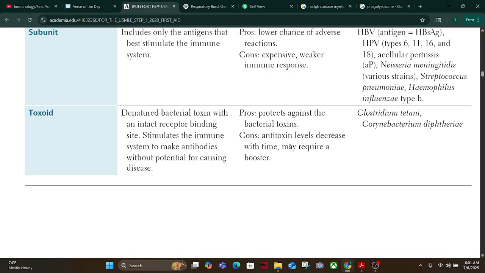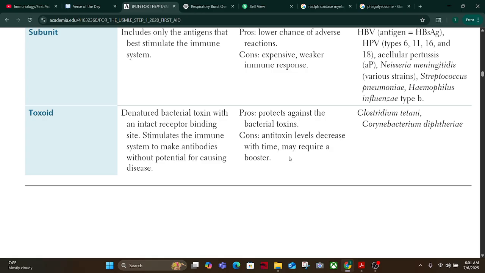So what that means, the con is antitoxin levels decrease with time, may require a booster. This antitoxin is a type of antibody. An antibody, like an antitoxin, binds to a bacteria and blocks its bad effects, so the toxin can no longer enter and damage those cells.